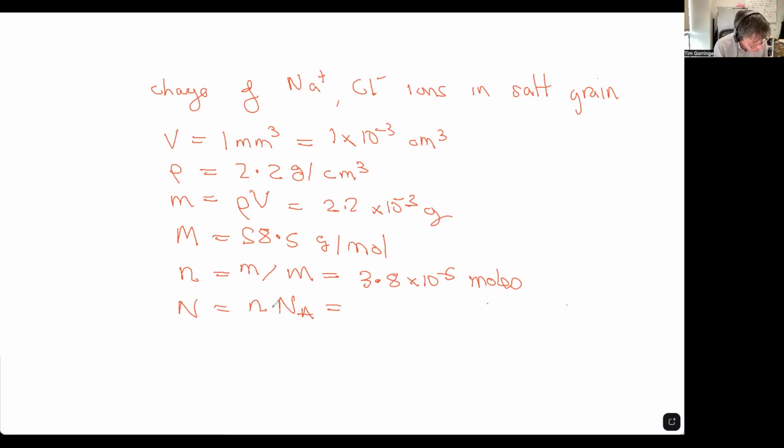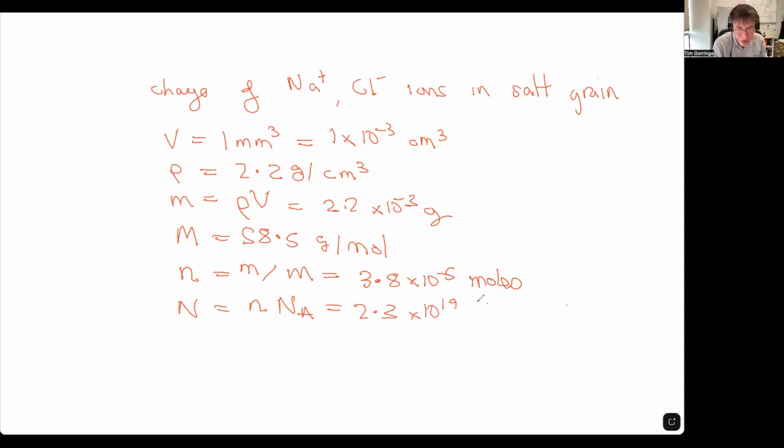And so I've just got to multiply my number of moles, which was 3.8 times 10 to the minus 5 moles, by Avogadro's number, 6.02 times 10 to the 23. I've already done that, and it is 2.3 times 10 to the 19.